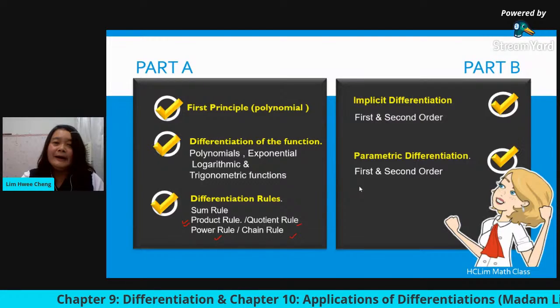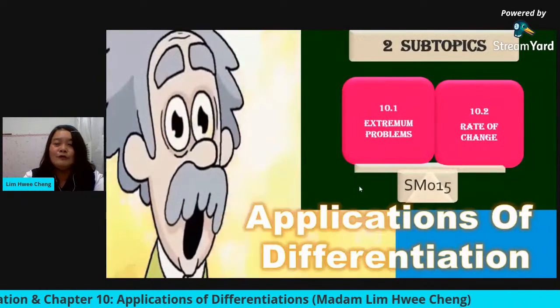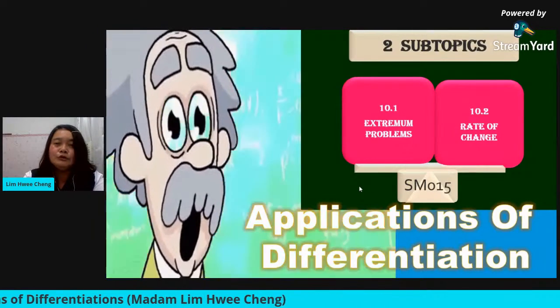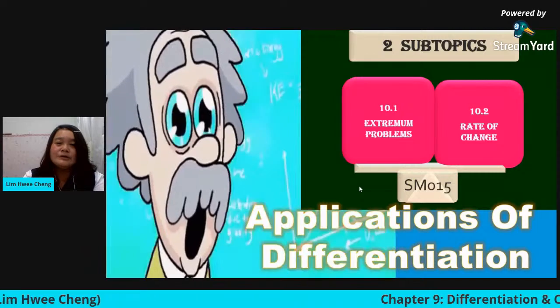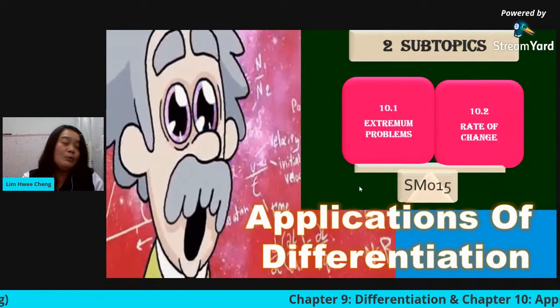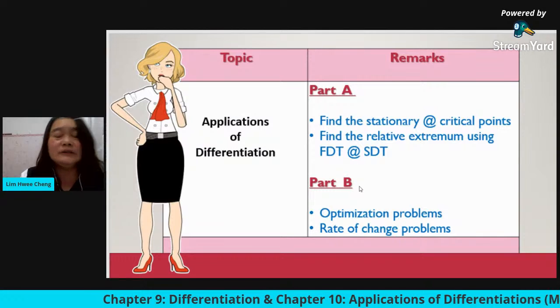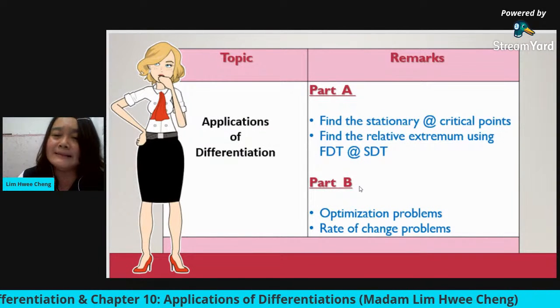And how about the applications of differentiations? Basically we only have 2 main topics. The first one is the extremum problem. The second one is the rate of change. So what are the popular questions normally in your final exam?